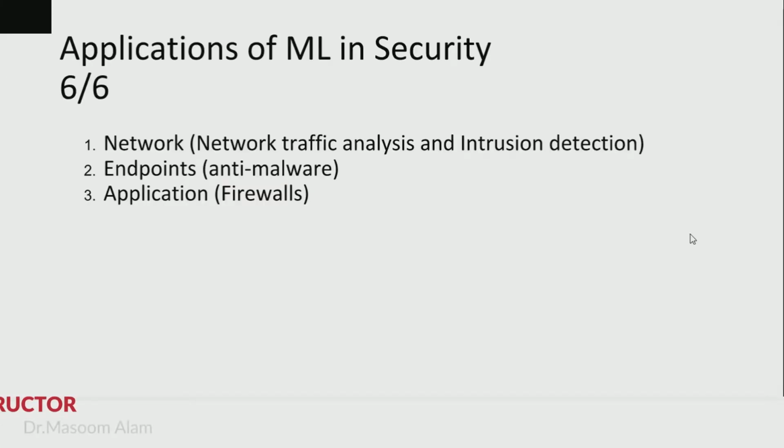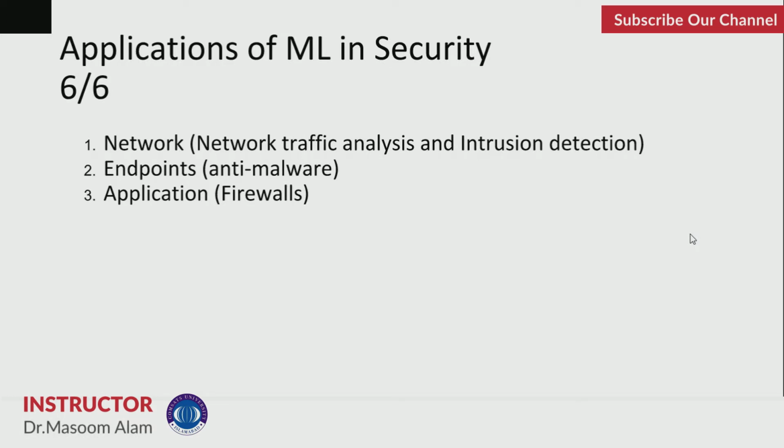So now we see the applications of machine learning in security in these three major domains. I would like to tell you that these are the three primary domains for the application of machine learning in security. When we look at the network side, we perform network traffic analysis.